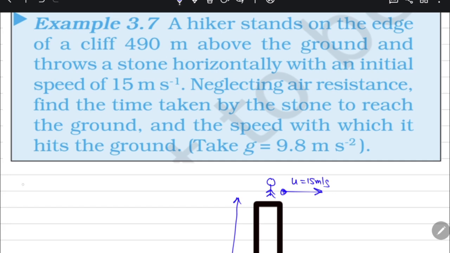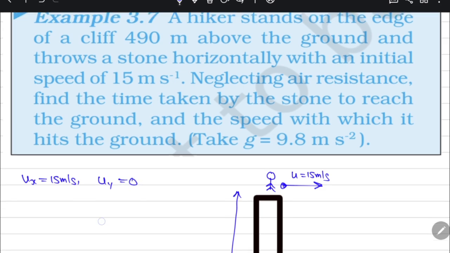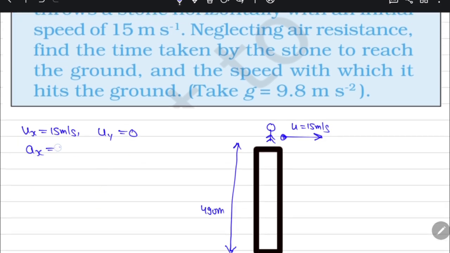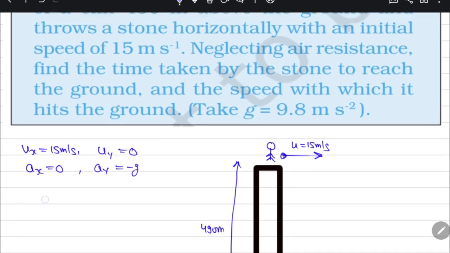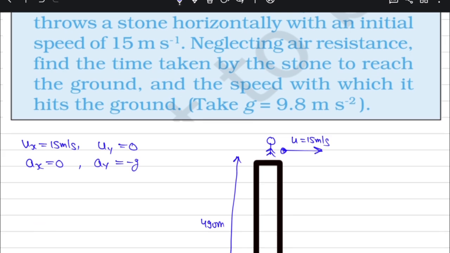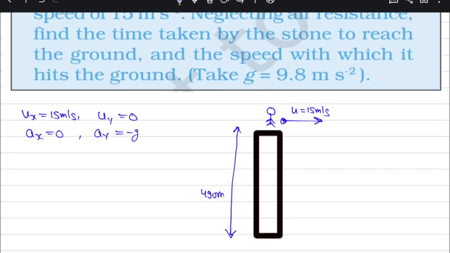Neglecting air resistance, the velocity in x direction is 15 meter per second, initial velocity in y direction is 0, acceleration in x direction is 0, and acceleration in y direction is minus g. So what they're asking is the time taken by the stone to reach the ground and the speed with which it hits the ground.